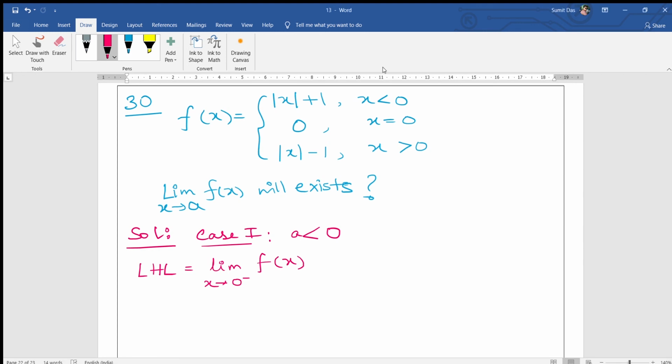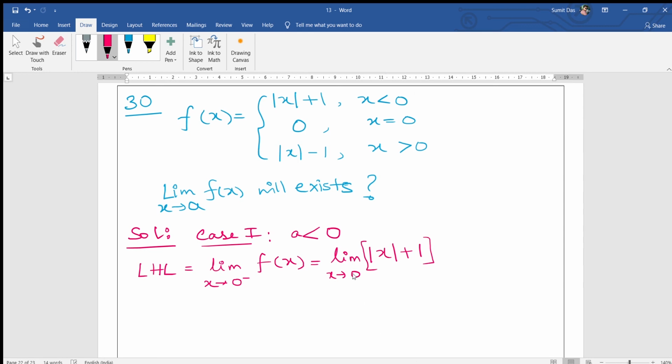So here it will be limit x tends to 0 of modulus of x plus 1, right? Modulus of x plus 1.